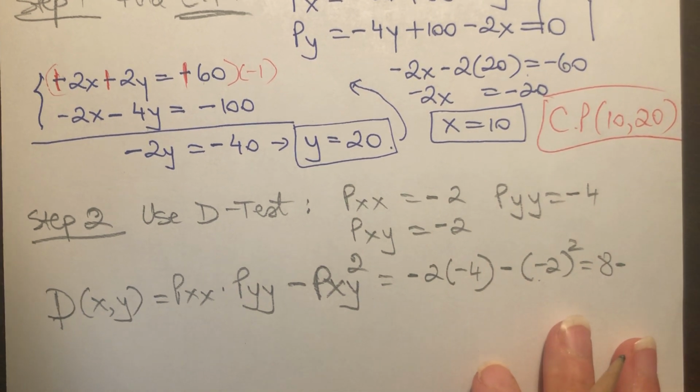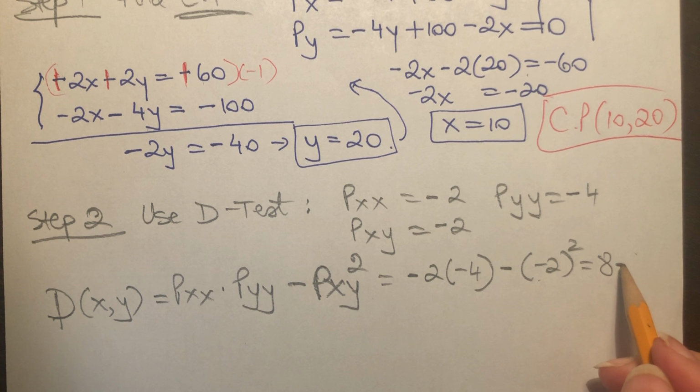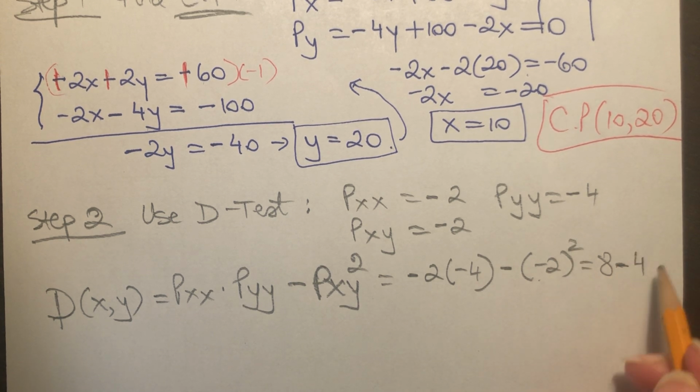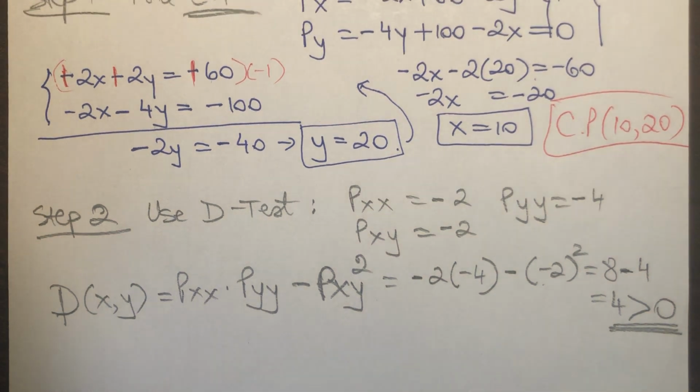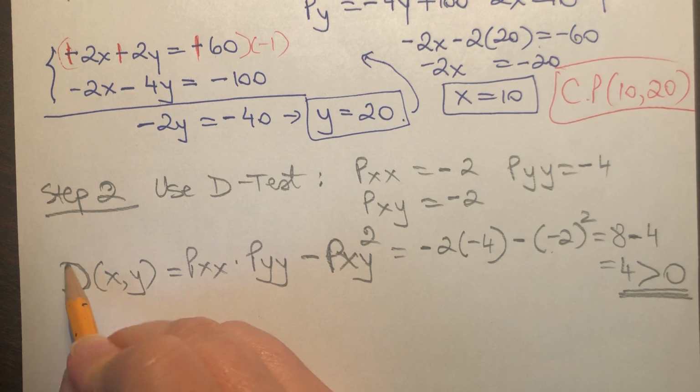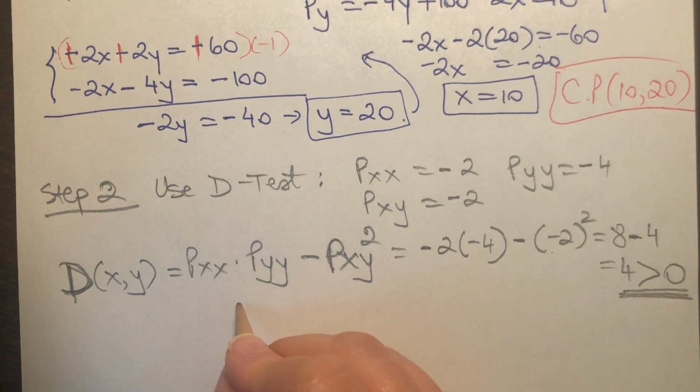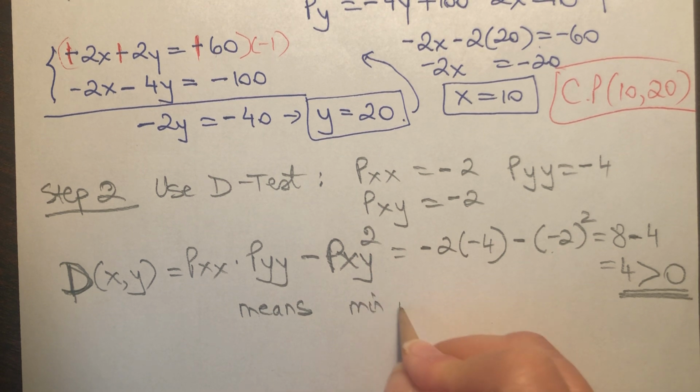Minus -2 squared is a positive, I'm sorry, that's a +4, but 8 minus 4 is a +4, so that's a positive value, right? So again, a positive d-test value means that we have a min or a max.